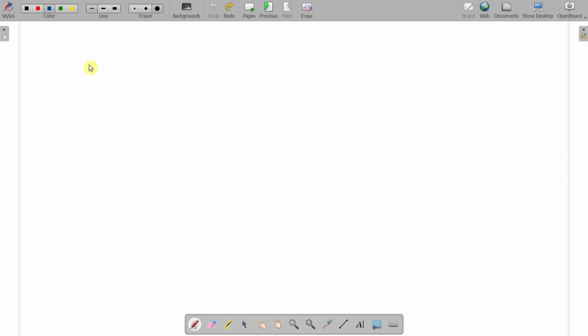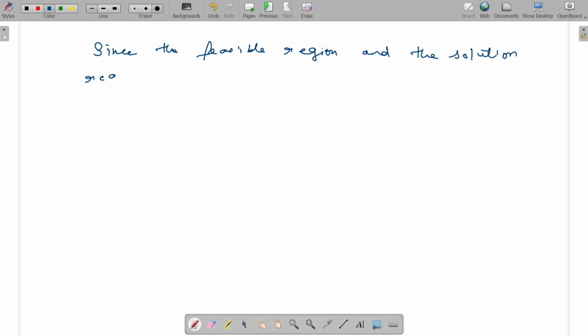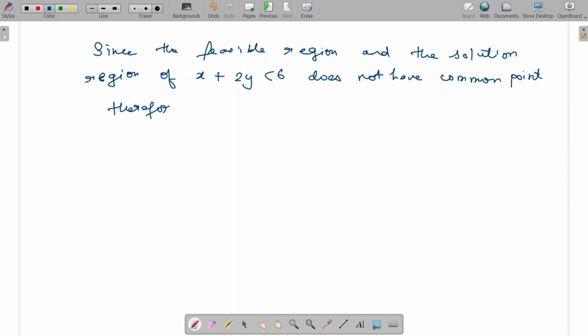So since the feasible region and the solution region of this inequality, x plus 2y less than 6, do not have a common point, therefore we conclude the minimum of z is equal to 6.